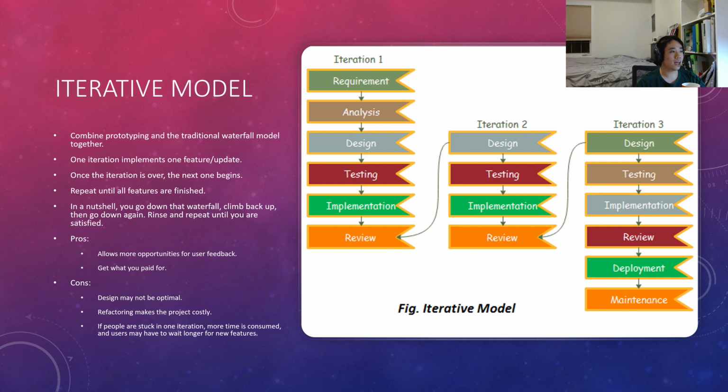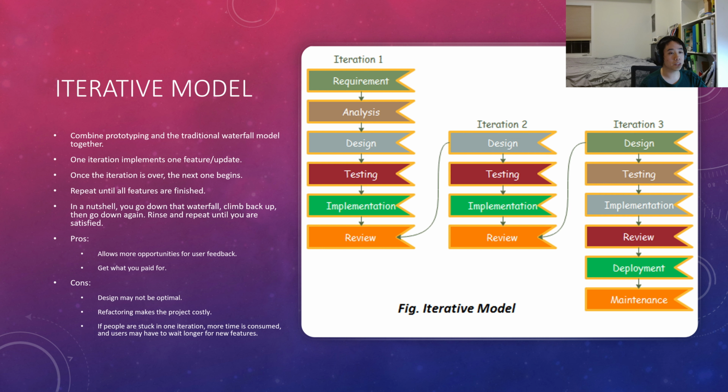Now we have the iterative model. It's a combination of the traditional waterfall model and prototyping, where you create your system one feature by feature, or people would say incrementally, I think. Yep.